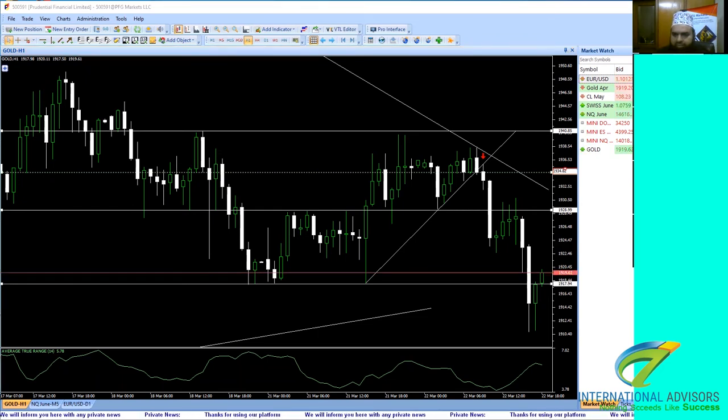For gold, 1 point is $100. So you simply divide 200 by the loss in points, in this case 6. So 200 divided by 600, in other words 6 into 100, is 0.34.